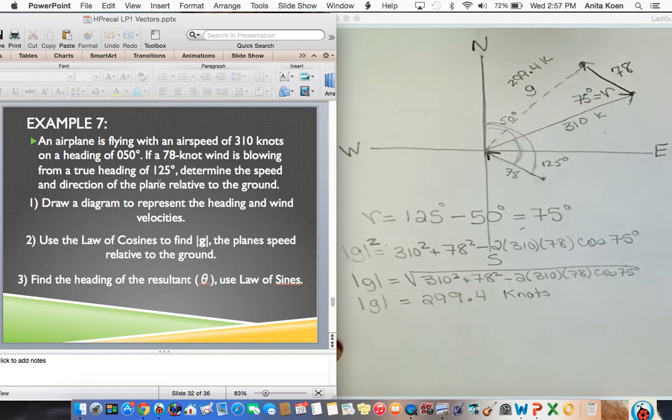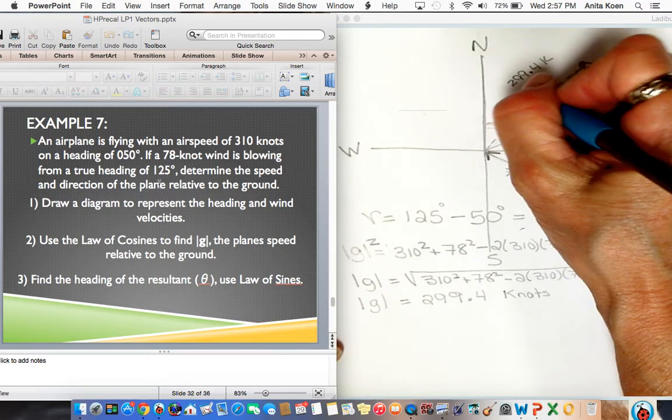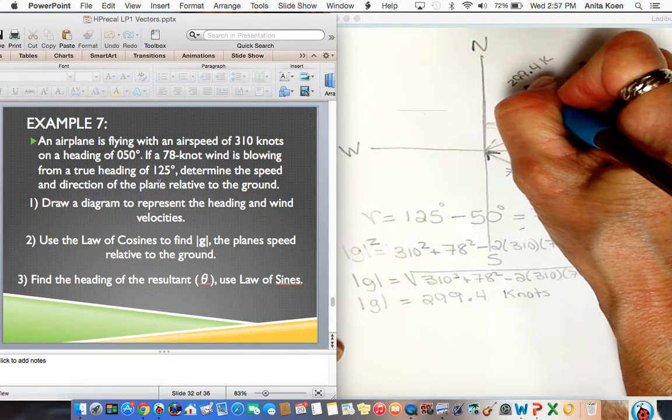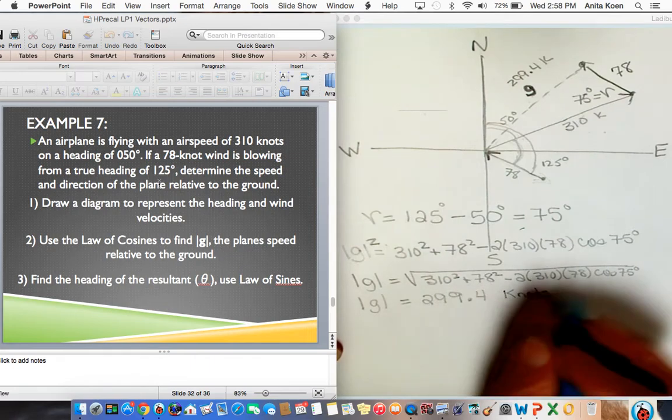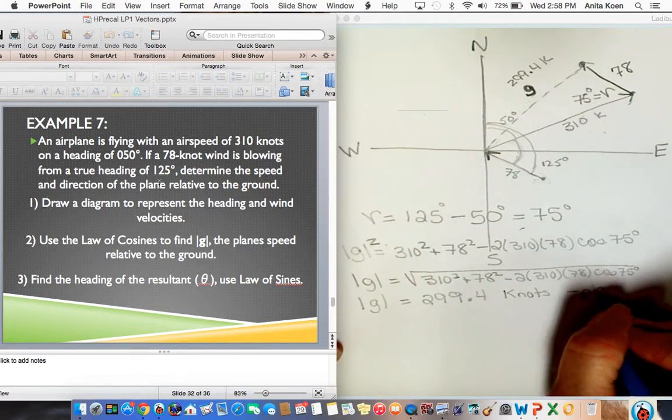That's the magnitude of vector G. I'll make this a little bit bolder so you can see that that's a vector. So we have used the law of cosines to find the magnitude of G, which is the plane's speed relative to the ground.